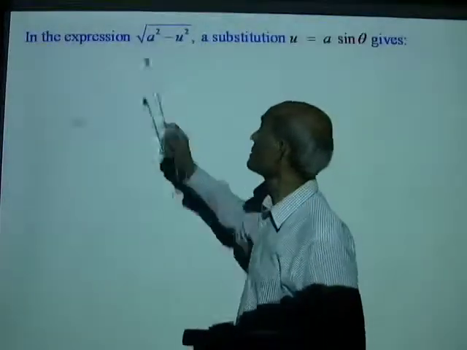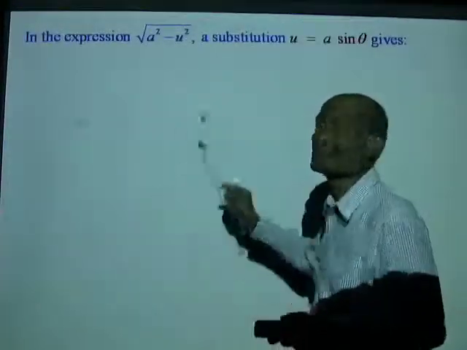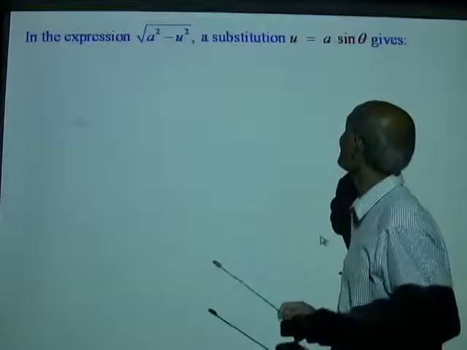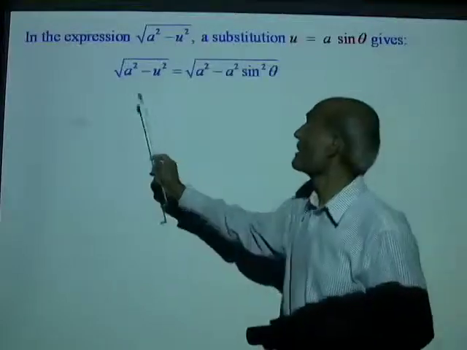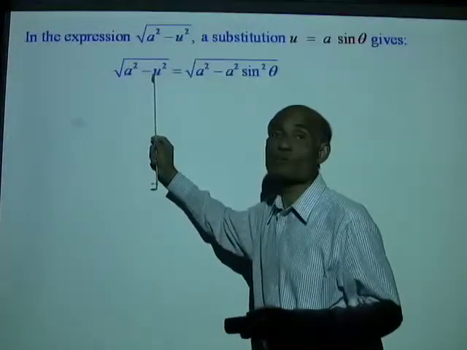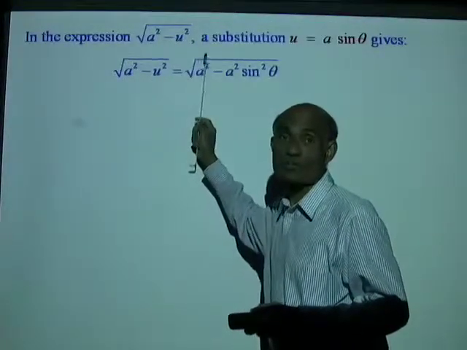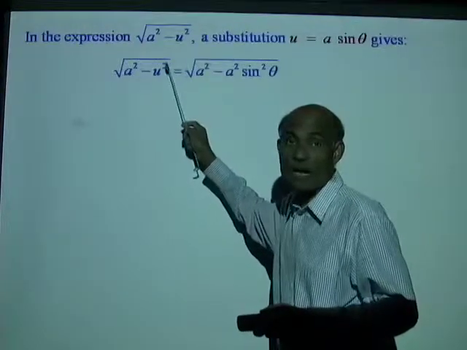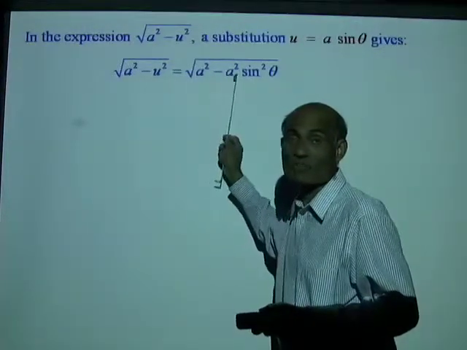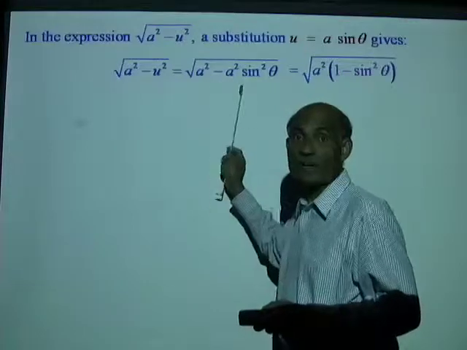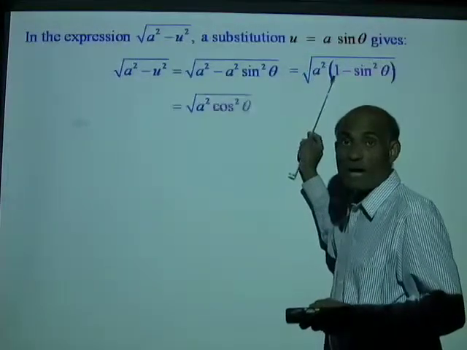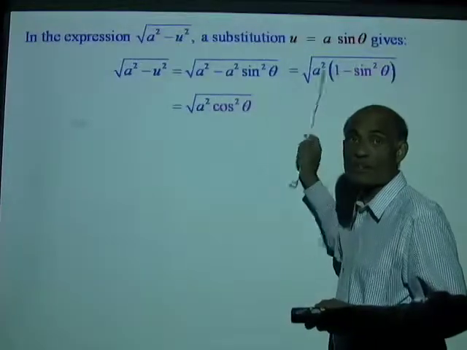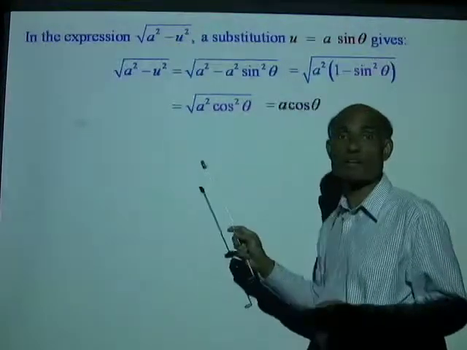In the expression a squared minus u squared, substitute u equal to a sine theta. I just did that for you. That gives square root of a squared minus a squared sine squared theta; factor out the a squared and replace 1 minus sine squared theta by cos squared theta.